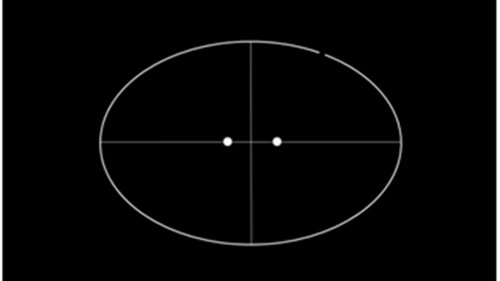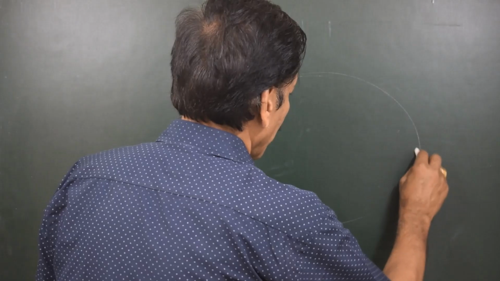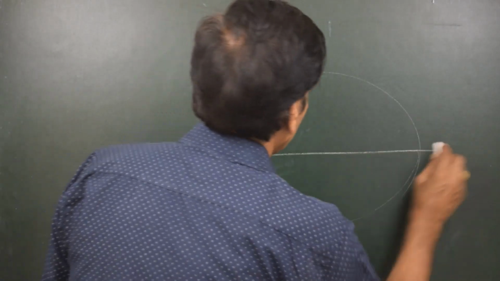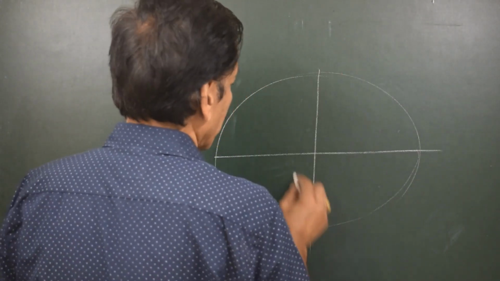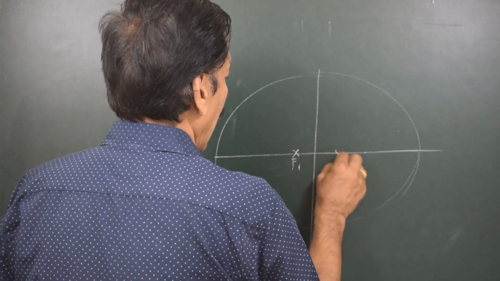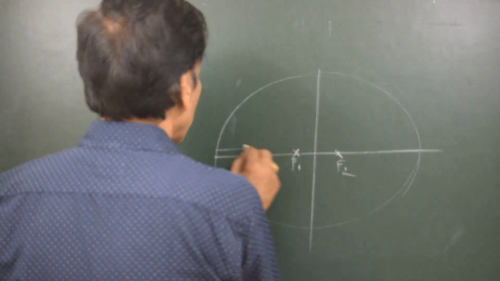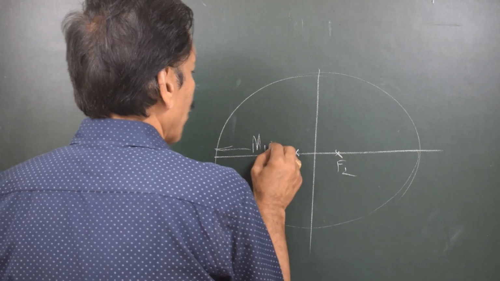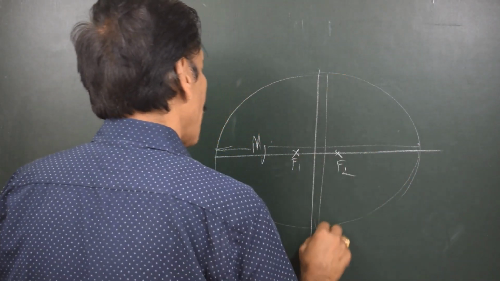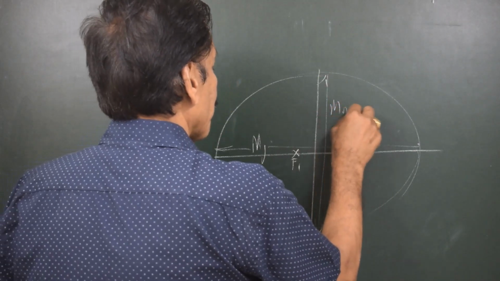Now if this is the ellipse, this is focus 1 and focus 2. This is called the major axis of the ellipse and this is called the minor axis.